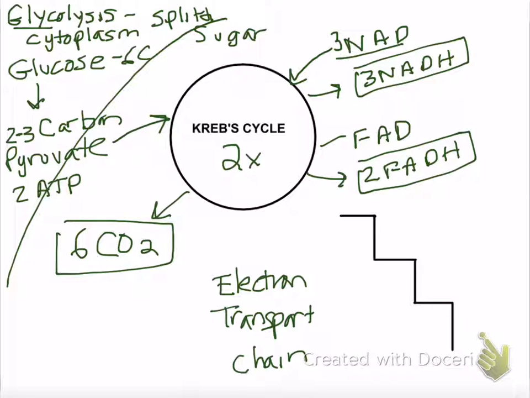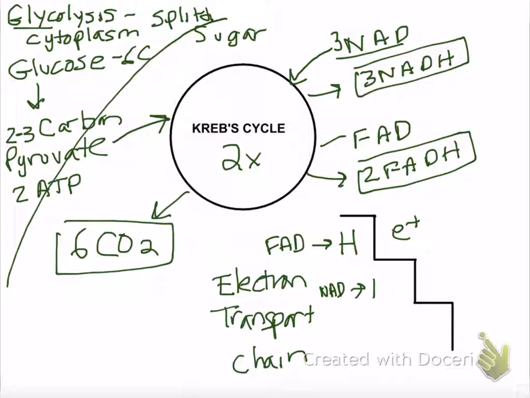Finally, in the electron transport chain, we're going to use FADH and NADH. Again, the FAD is actually going to release its hydrogen and electrons, and the same with NAD.